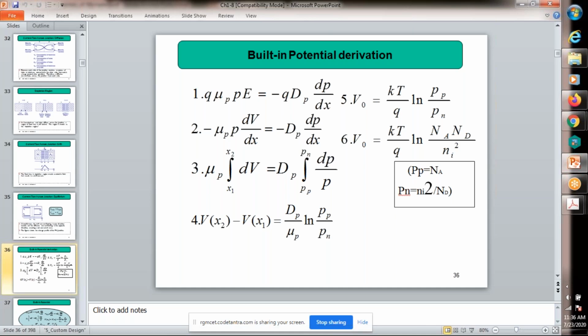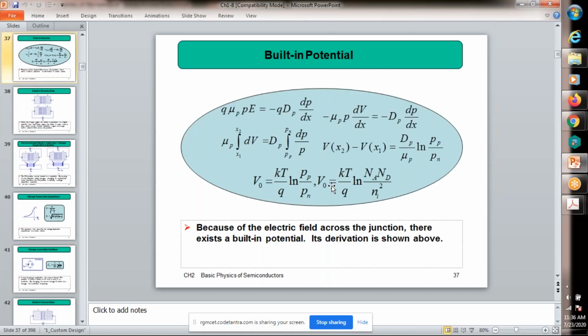Finally, we derived a small expression: V naught is equal to KT by Q into Ln of Na Nd by Ni square.